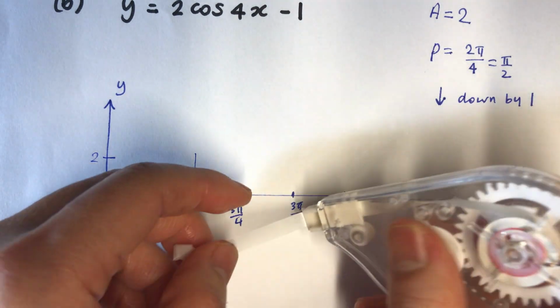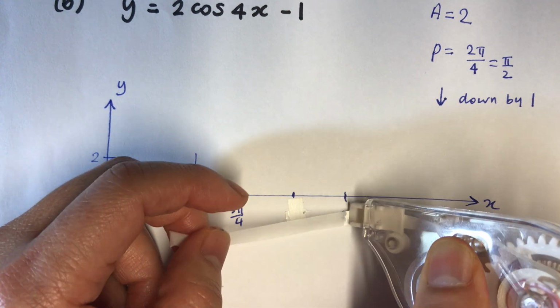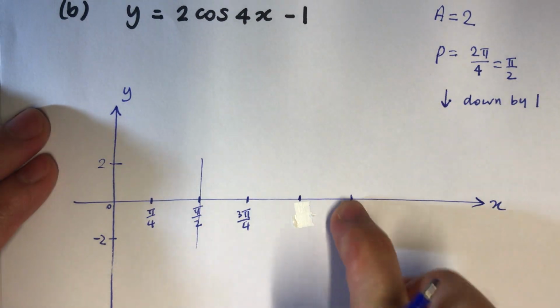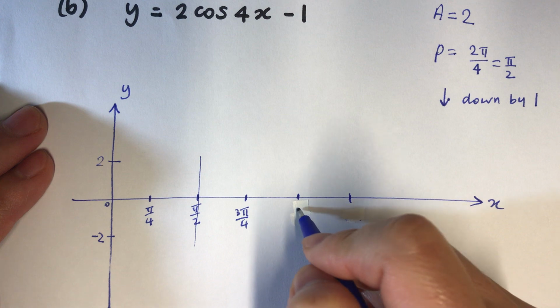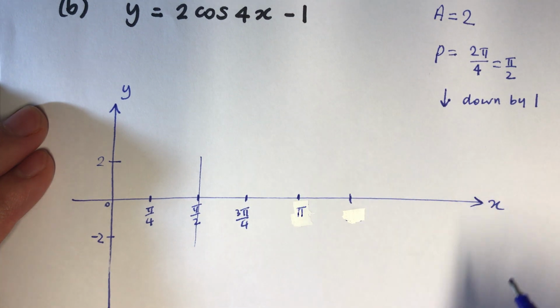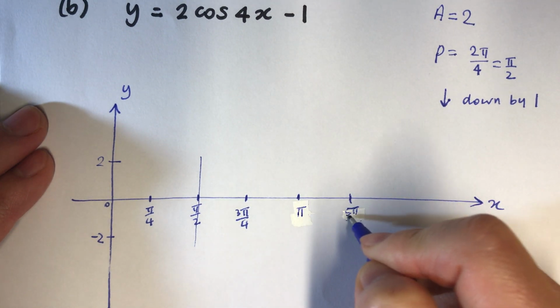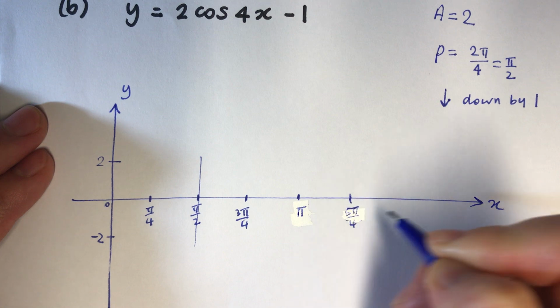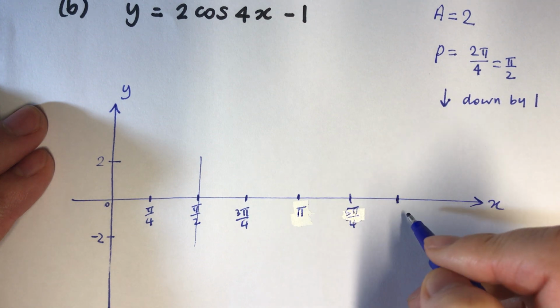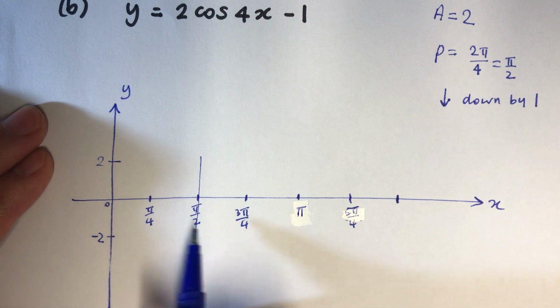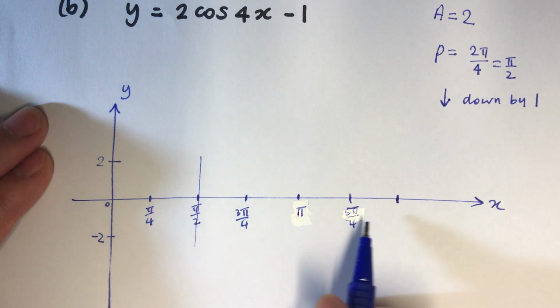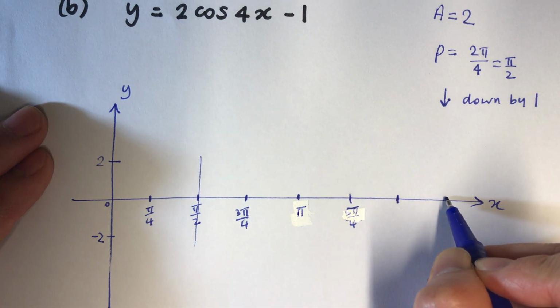So I'm going to space it out a little bit, because otherwise it'll look pretty awful. So I'm going to go pi here, 5, 1, 2, 3, 4, 5, 6, 7, 8.